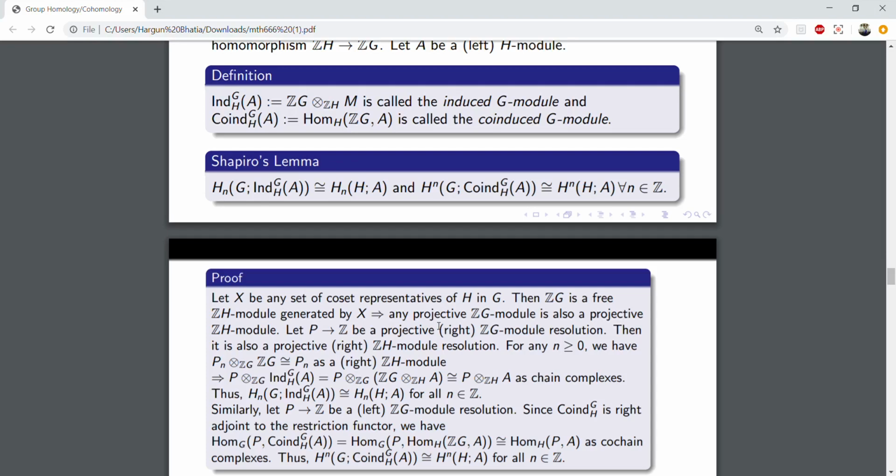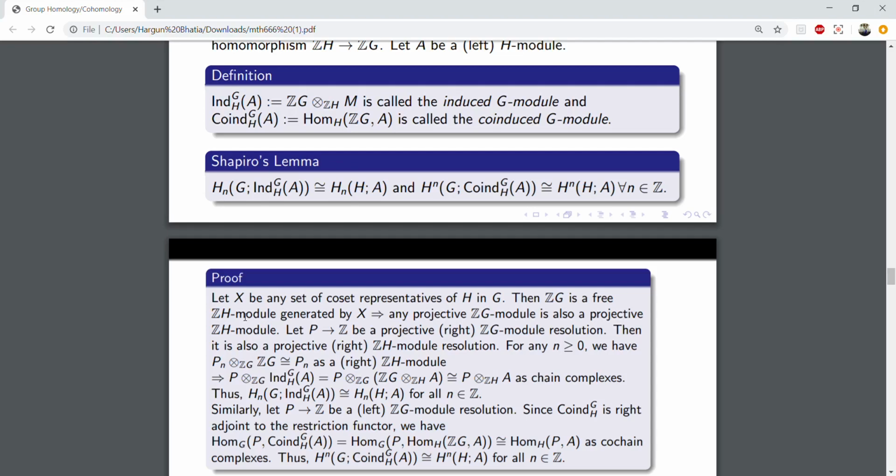Because any g, you can write it as some g' times h, so that h is an element of ZH, which is the scalars in this case, and g' is your coset representative. So the point is that since ZG is a free ZH module, if I take any projective ZG module P, then P is a direct summand of some direct sum of copies of ZG.